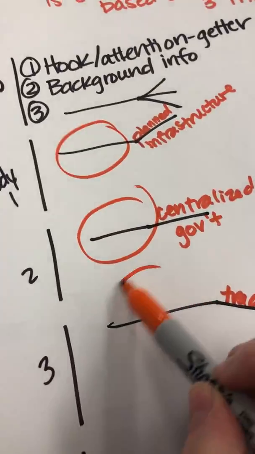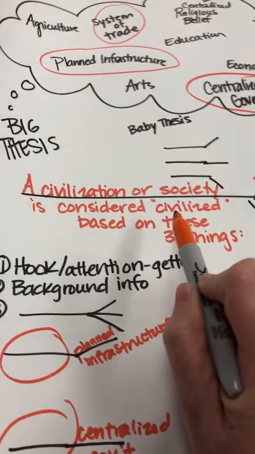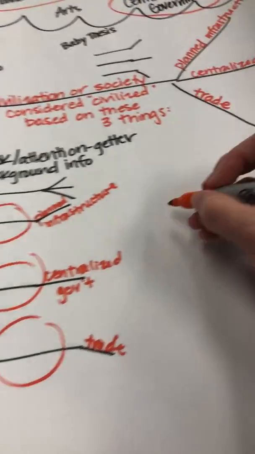For this part, we're going to use the same sentence, which is basically your topic sentence. A civilization or society is considered civilized when you consider this. Say it again, when you consider this. So for each of these 3 circles, you just write this.